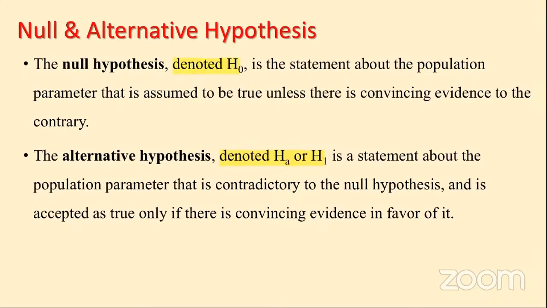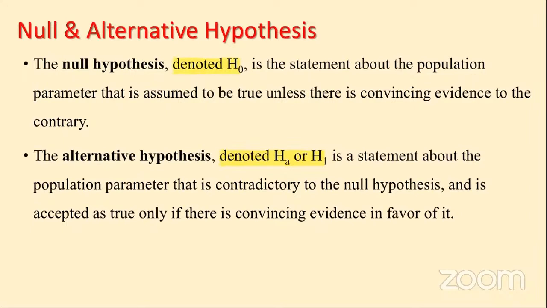When we write the null hypothesis, we assume that it is true, though there's no guarantee that it is. It is assumed to be true unless there is convincing evidence to the contrary. If we have no information to tell that it is not true, we always consider the null hypothesis to be true.